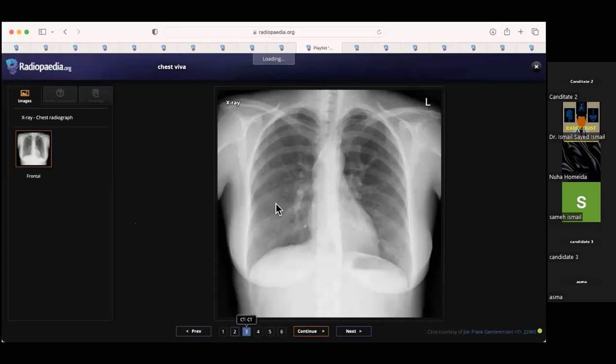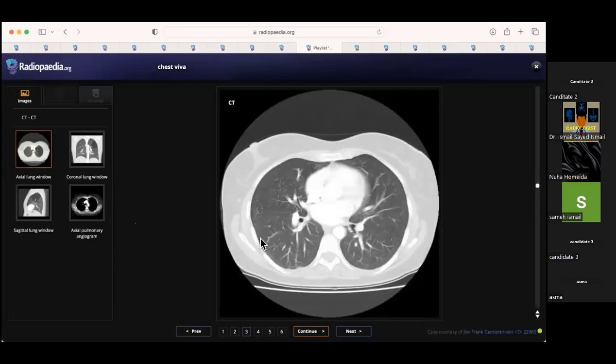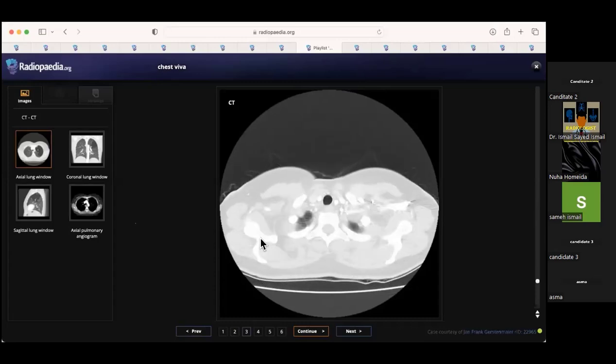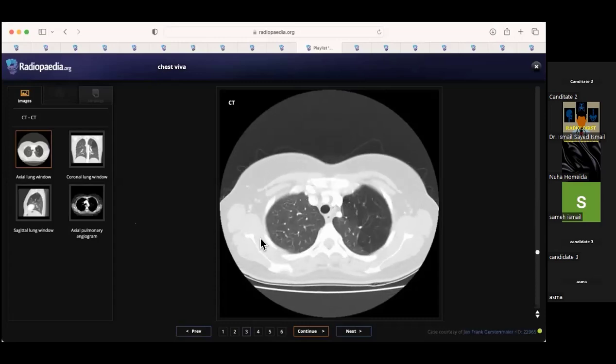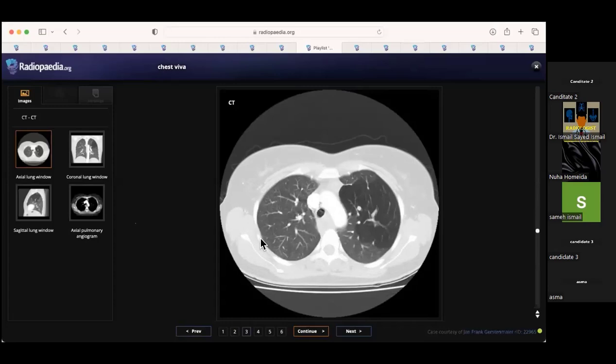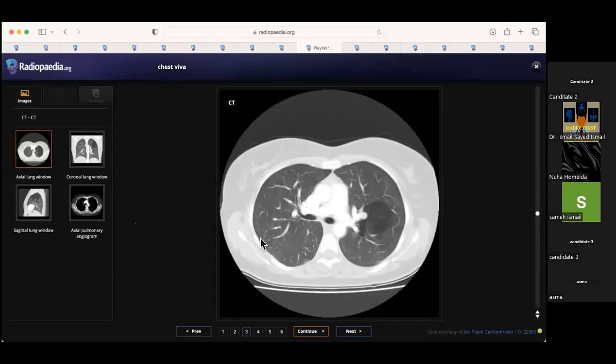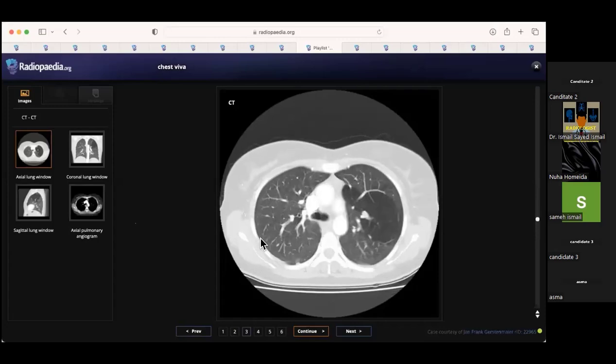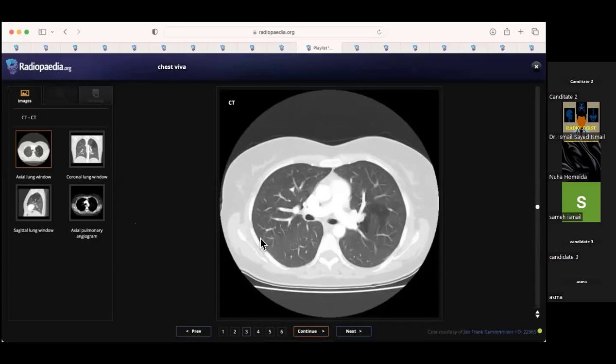Maybe it will help you. Okay. Let me scroll through. There is increased lucency within the upper lobe. No cystic lesions seen. So I'm thinking about emphysema.